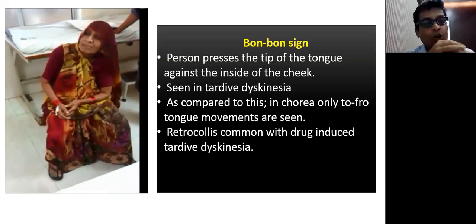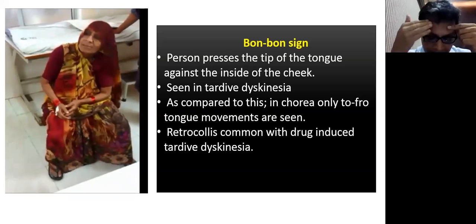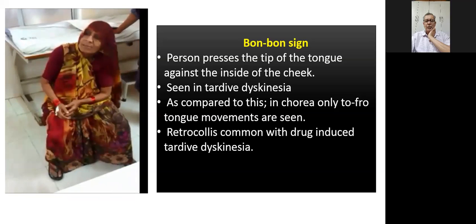There is some component of akathisia also, apart from oral dyskinesia. So in tardive syndrome, you can get tardive akathisia, oromandibular dyskinesia. Retrocollis is very common in such patients, particularly with gastrokinetic drugs. Sorry, not remembering. Levosulpiride. Yeah. Sorry.